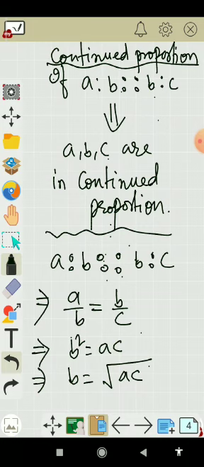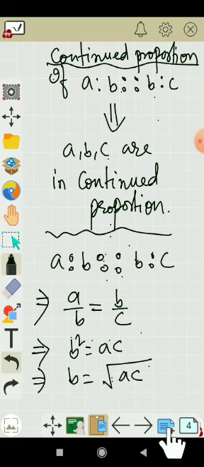This will be determined this way. First we will write A is to B proportional to B is to C, so that is possible to write in fractional form, that is A by B equal to B by C. Now if you do the cross multiplication, you will get B square equal to AC, and B will be under root AC. So this is the mean proportion.